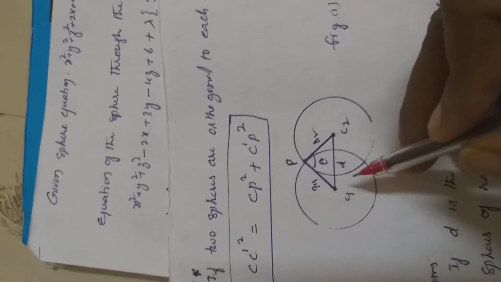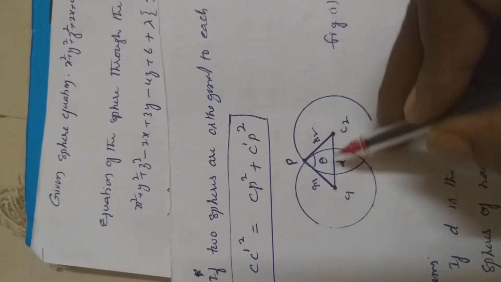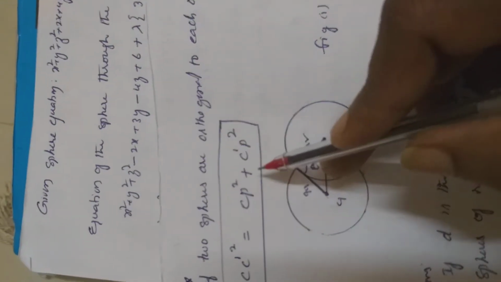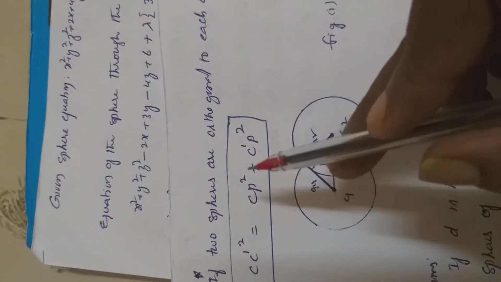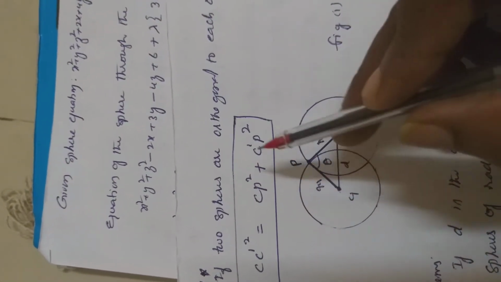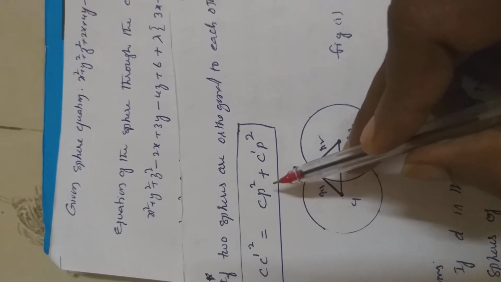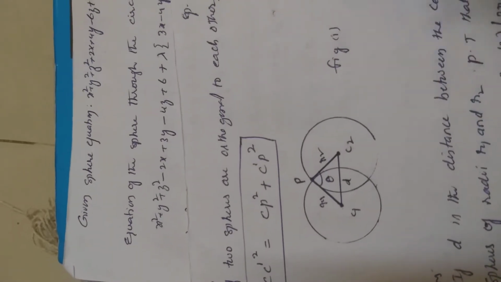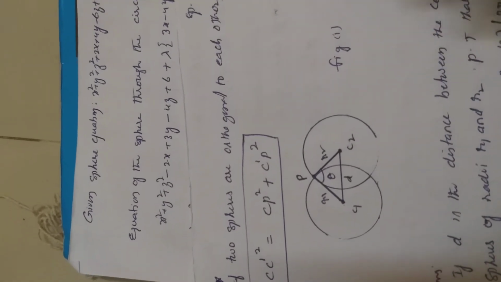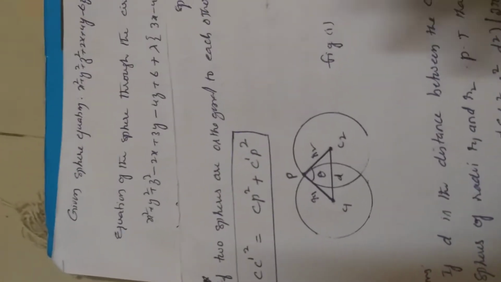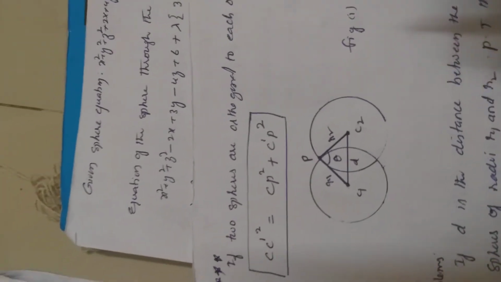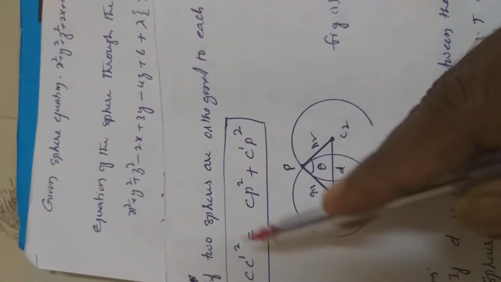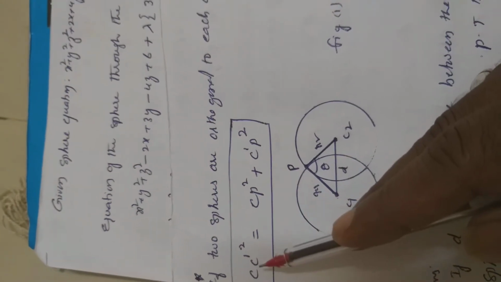That means the square of the distance between the two centers of the spheres is equal to the radius of the first sphere squared plus the radius of the second sphere squared. That's it. This is nothing but the Pythagoras principle. It looks like hypotenuse square is equal to side square plus side square, right? Square means square root of distance between two points formula, like that, right?